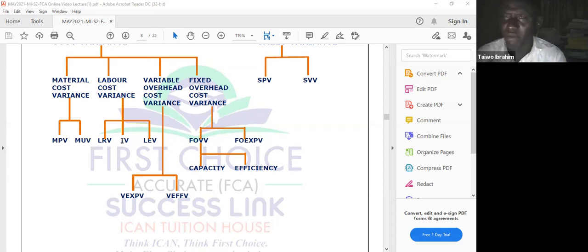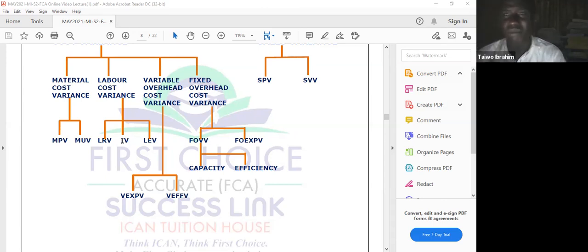Otherwise, it's adverse. If what I incur is more than what I envisage to incur, that means it is an adverse variance. I want you to know that you must be able to interpret this correctly in the exam. Now, apart from that, if it is sales that you are interpreting, if what you sold is actually more than what we wanted to sell, that means that that's a variance.